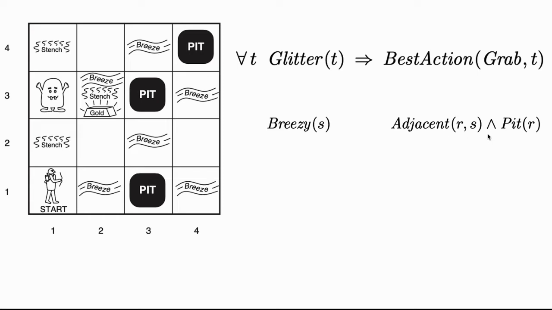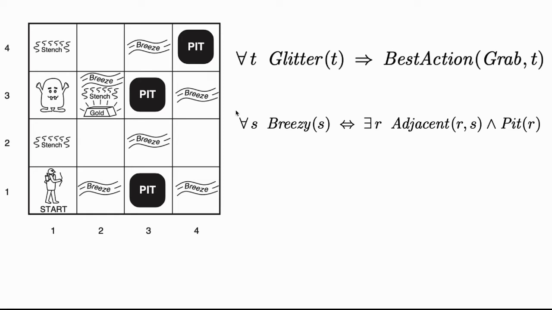What I do is, first of all, I use an AND operator over here, which means that if r and s are adjacent and r is a pit, then this whole thing will be true. And what I can say is that for all cells S, if breezy of S is true, then there will be at least one R which will be adjacent to S and which will also have a pit.